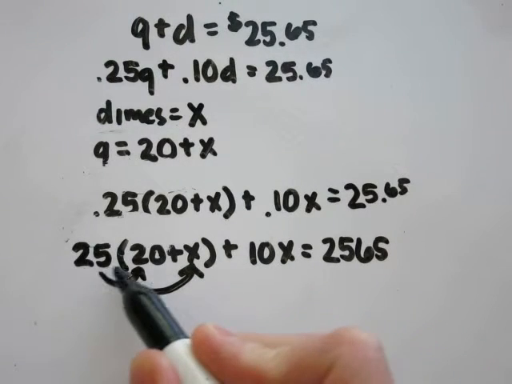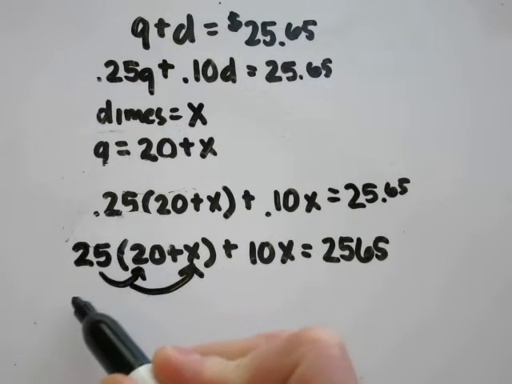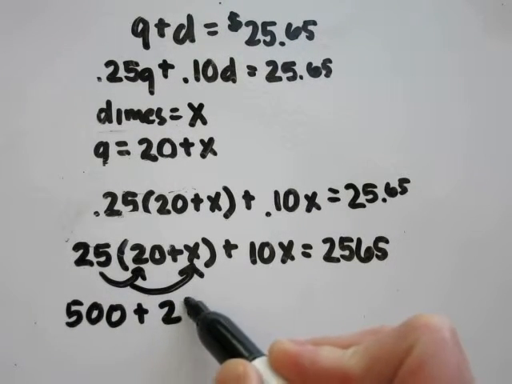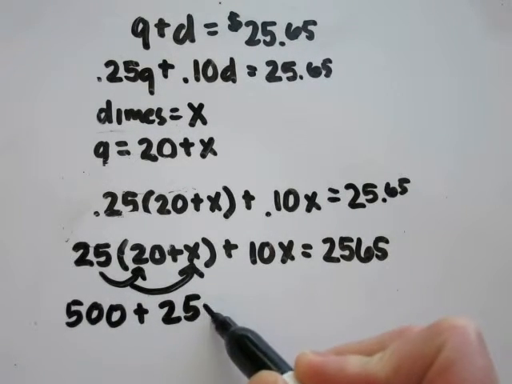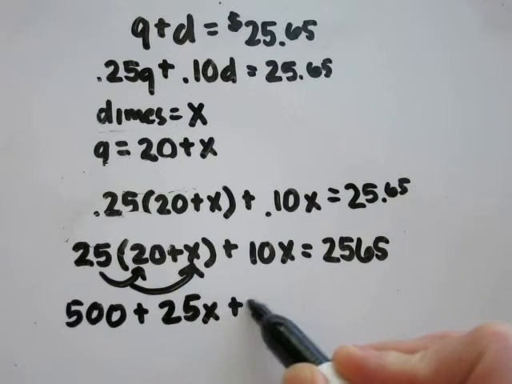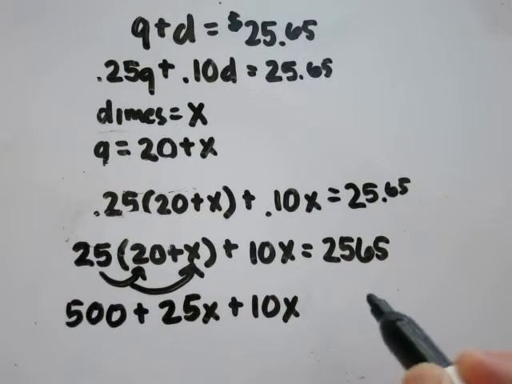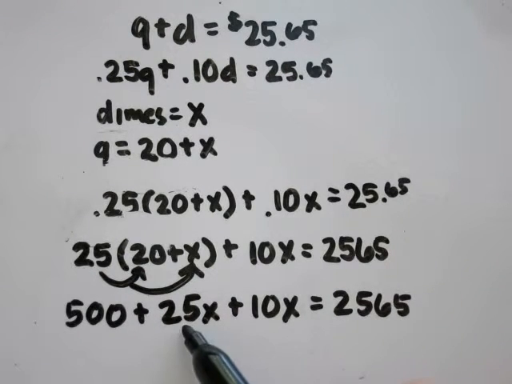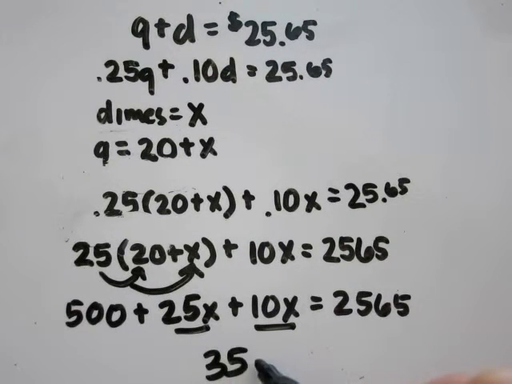Distribute here. 25 times 20 is 500, plus 25 times X is 25X, plus 10X. We have 25X plus 10X will give us 35X.